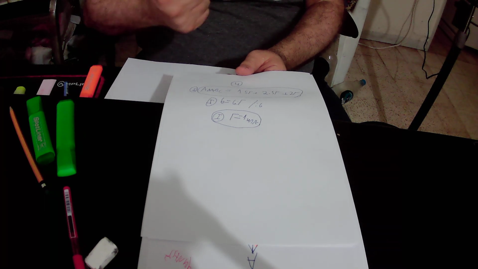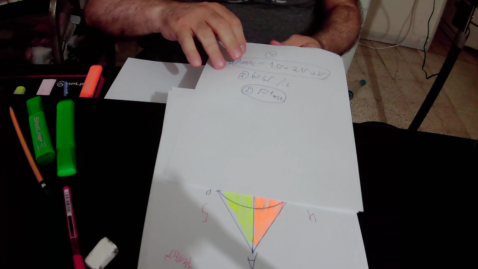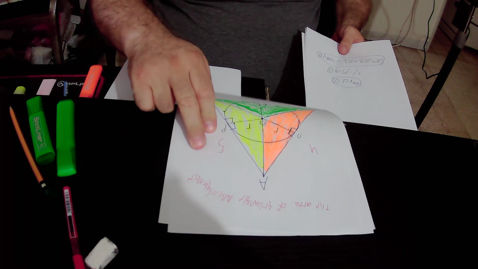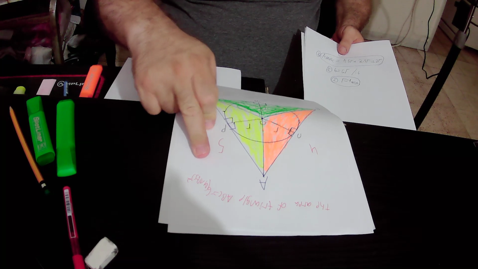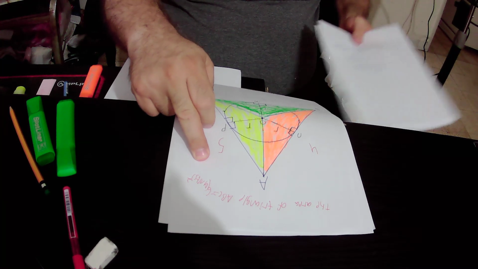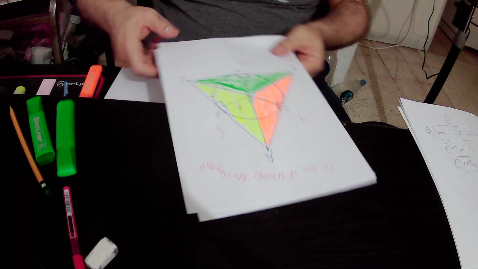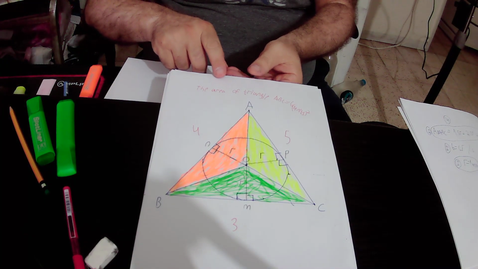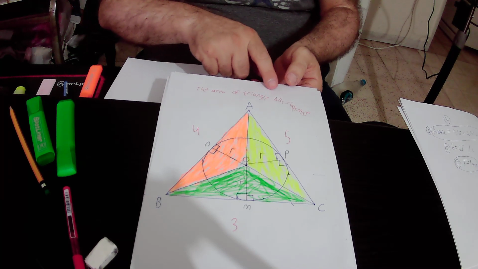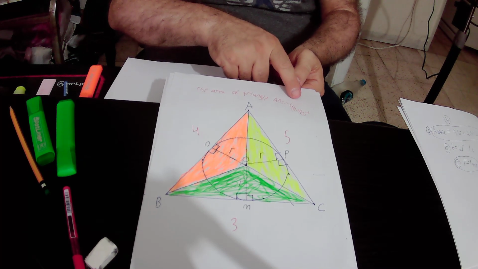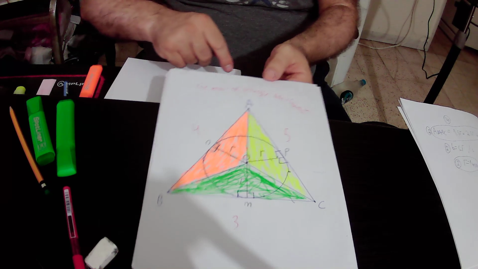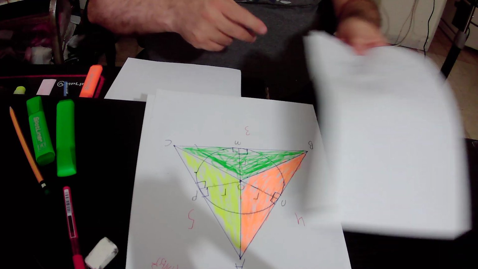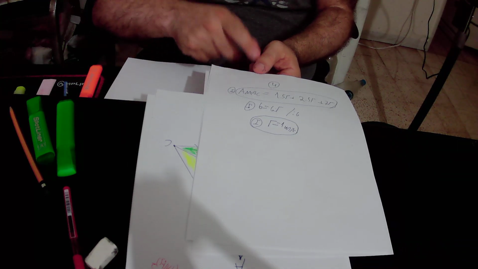But it is given to us in the question that the area of triangle ABC equals 6 units squared. So we can substitute the area of triangle ABC by 6 units.